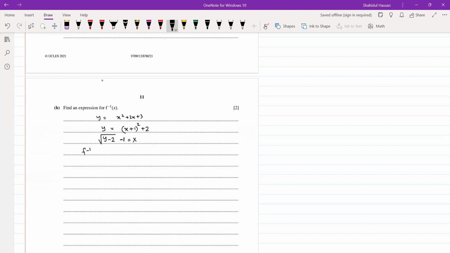F inverse will be equal to square root of y minus 2 minus 1, except that the y will be replaced by an x. F inverse of x is equal to this. So now we have the inverse function.